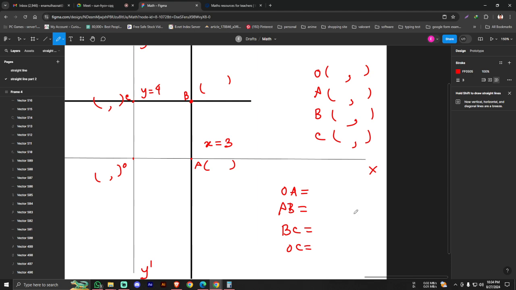Then would B be 3, 4? Yeah, 3 and 4, right? Yes. And O is 0, 0.